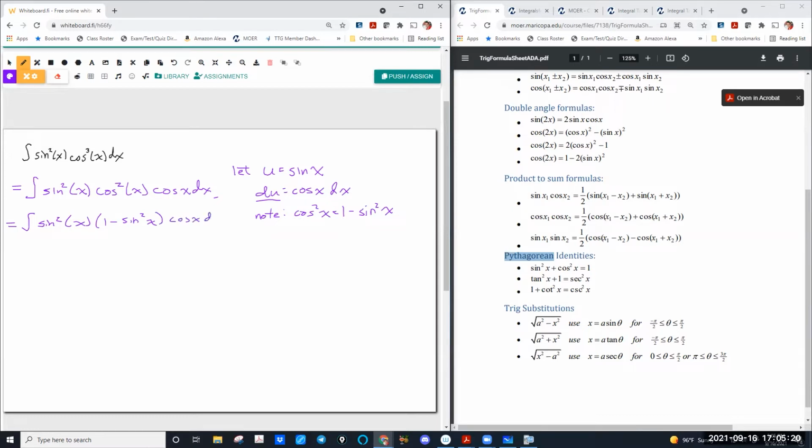Cosine x dx. Now we can get this whole thing in terms of u, because sine squared is just u squared. This here is 1 minus u squared. And this guy is exactly our du. And we've got an integral that's all in terms of u.